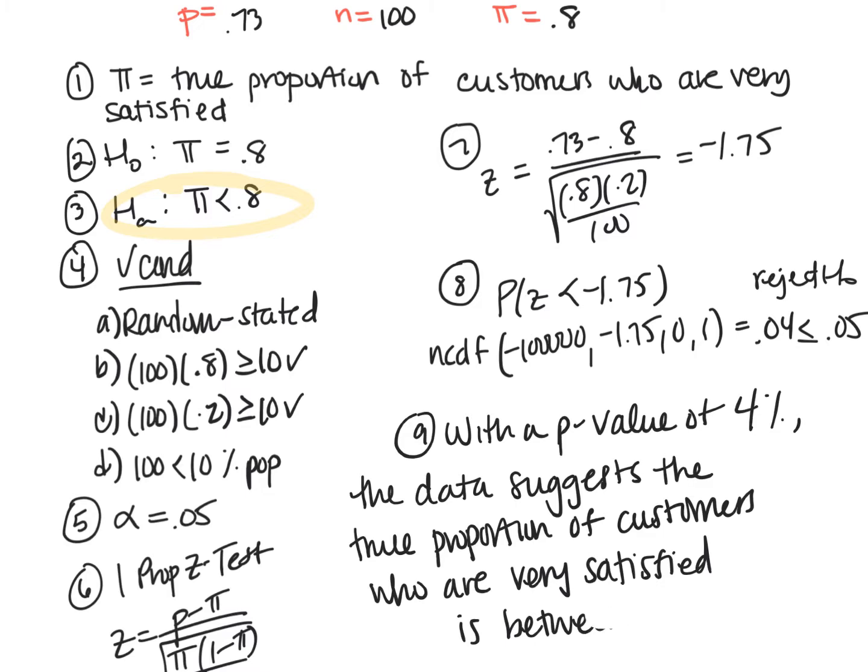I'm thinking like I'm writing confidence interval here. Is less than 80%. Yes, we can reject his claim.